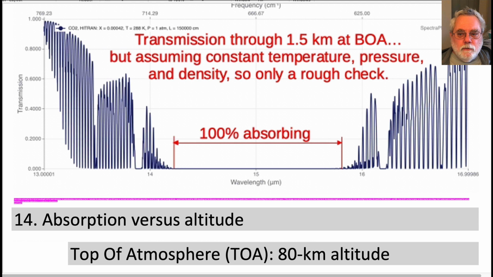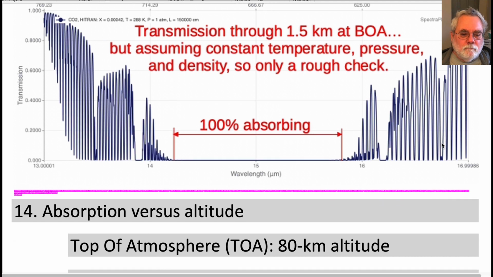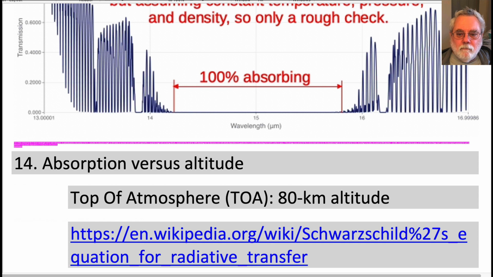Climate scientists use Schwarzschild's equation for radiative transfer. This is necessary for climate modeling, but more complicated than we want to deal with. I want to convey how conditions in the atmosphere change with altitude and then do a rough estimate for carbon dioxide's absorption length at the top of the atmosphere.